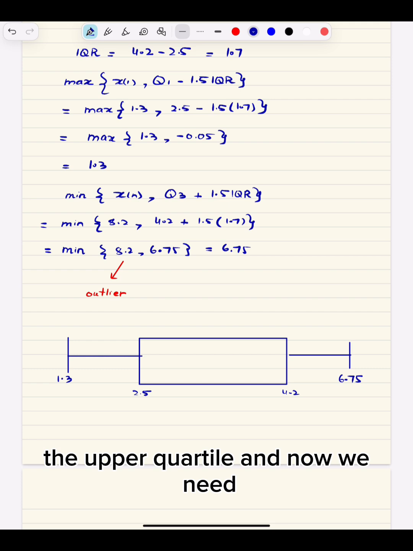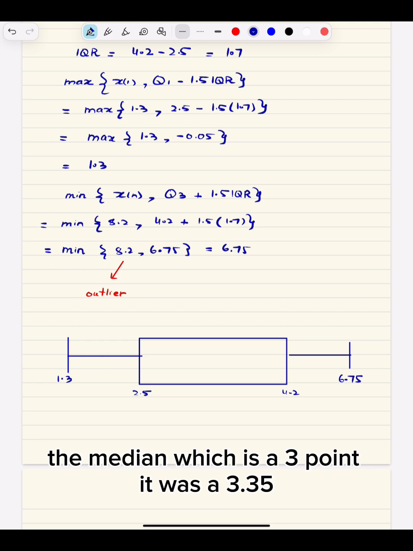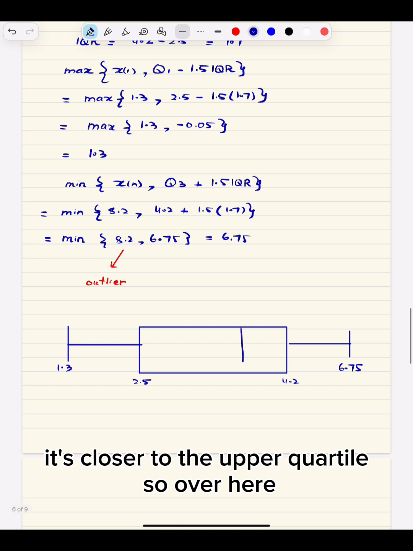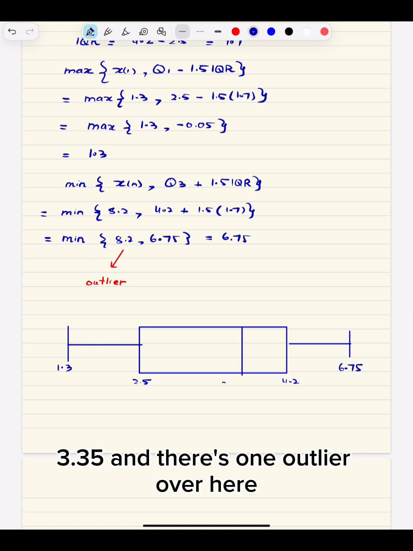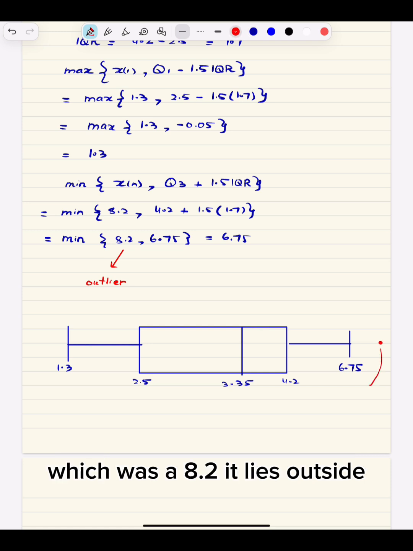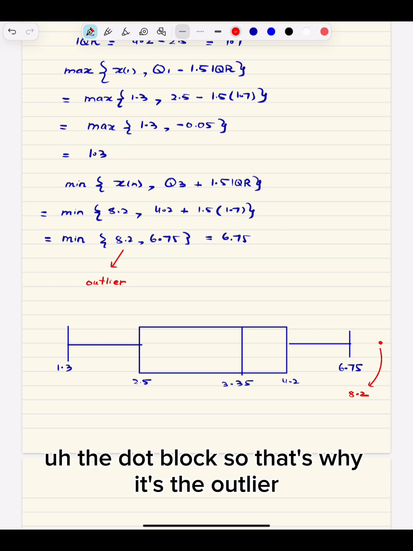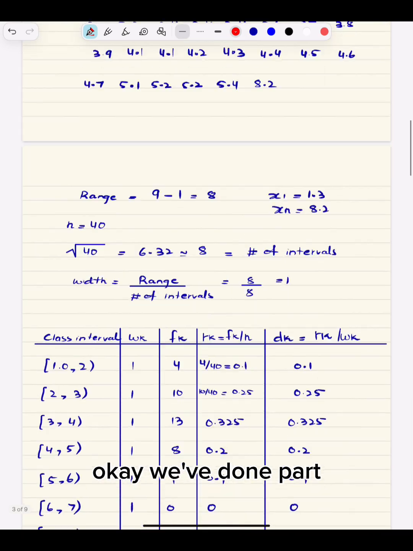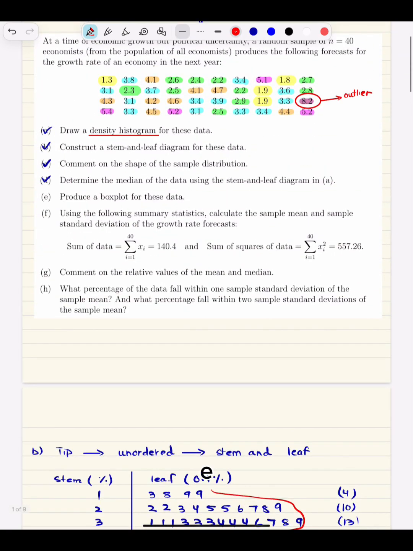And now we need the median, which is 3.35. It's closer to the lower quartile. So over here, 3.35, and there's one outlier over here, which was 8.2. It lies outside the box, so that's why it's the outlier. Okay, we've done part E.